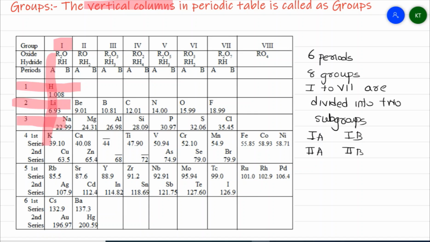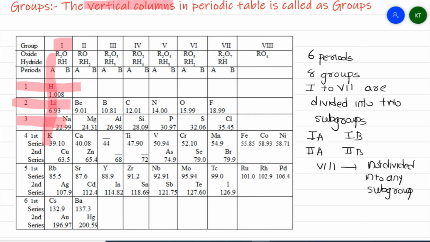This continues till 7, so I have 7A, 7B. Then the 8th group has not been divided into any subgroup.